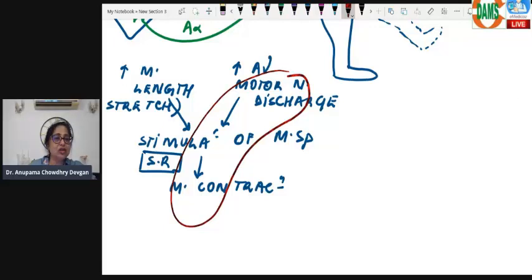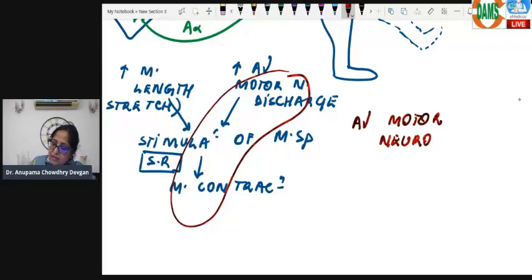SR is stretch reflex. That is what we are doing. Now, A gamma motor neurons, listen to this very carefully.